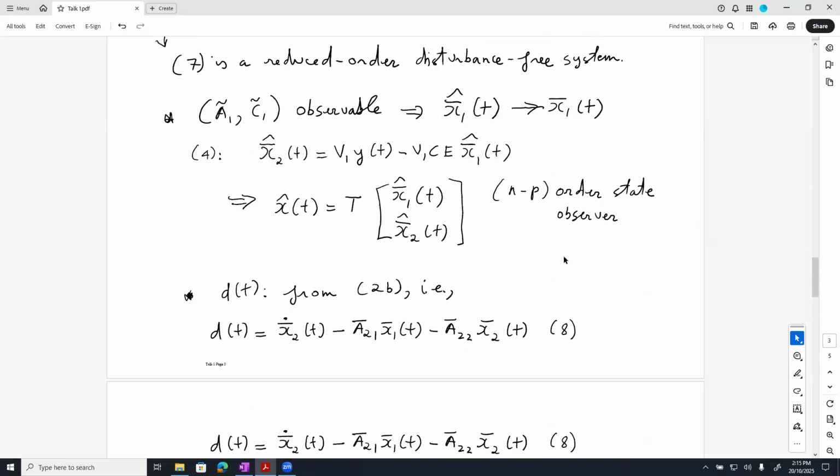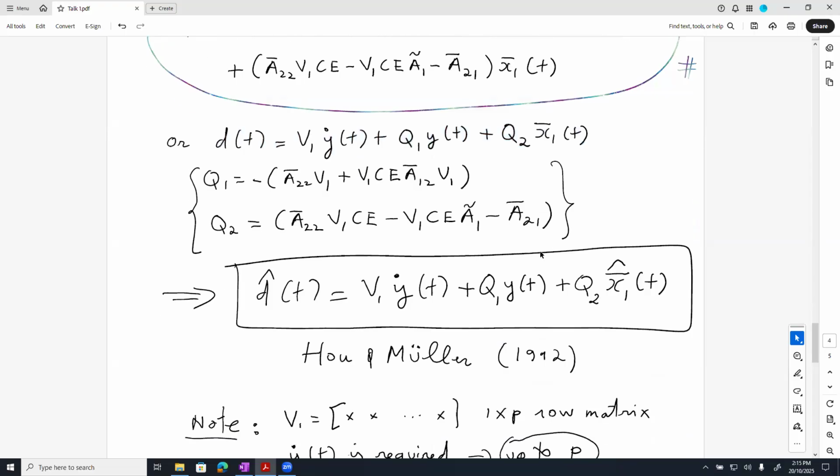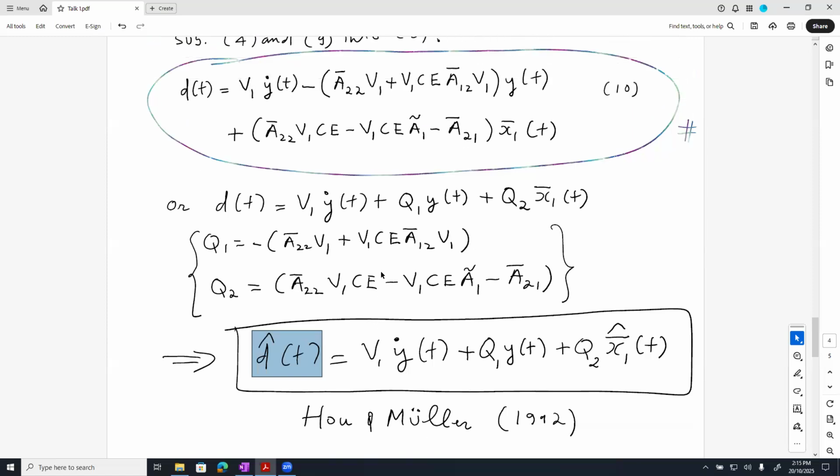All right. Now, what we can do is say, okay, according to Hou and Muller, the unknown input can be estimated. Of course, it can be estimated if we estimate the vector x1 bar of t.